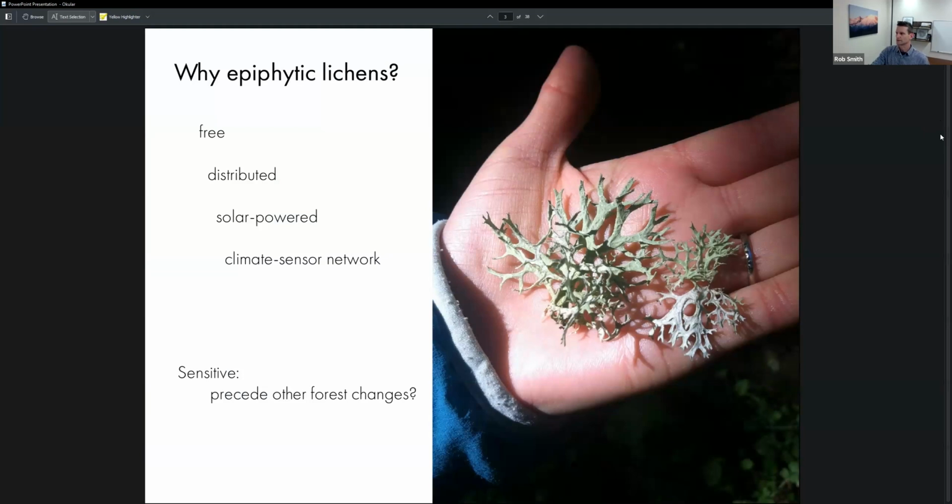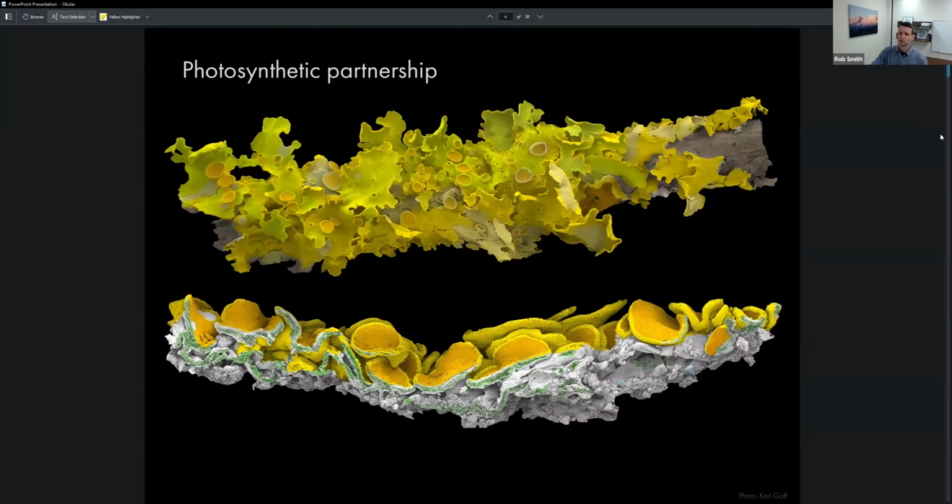One of the things we'd like to do here, though, is think about what we're talking about. So just for a brief review, a lichen is a fungal and photobiont partnership. If you take a cross-section of a lichen, the vast majority of that body is a fungus with some green algal partner or cyanobacterial partner, right?